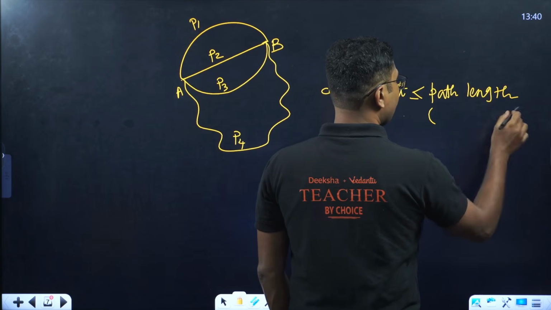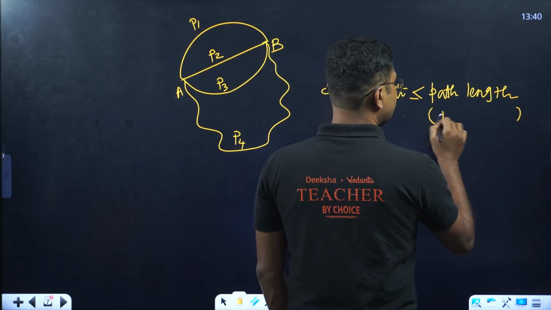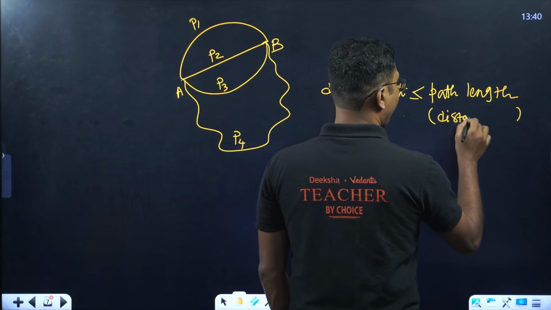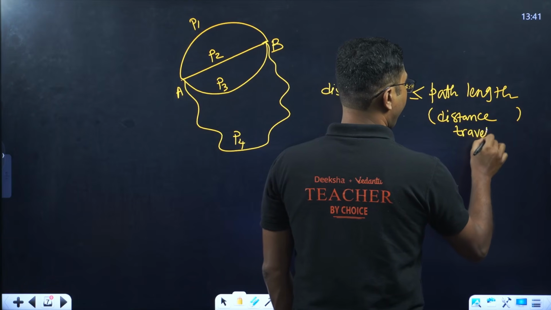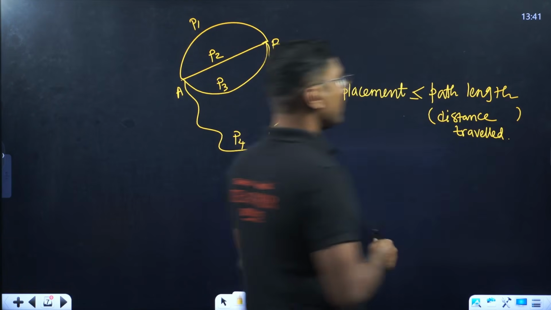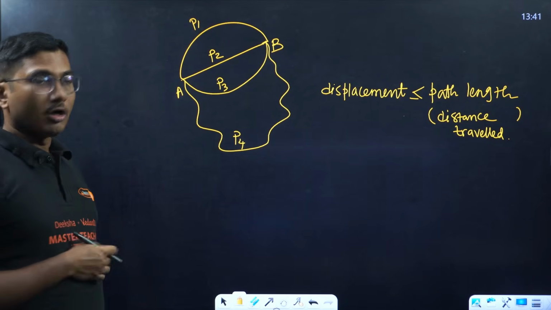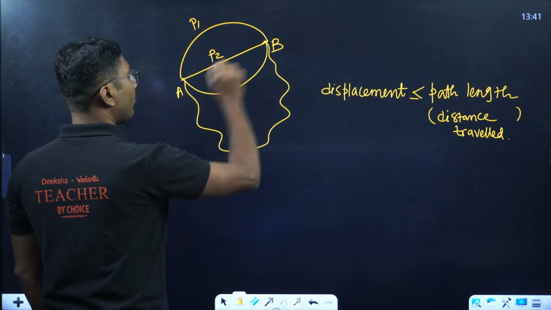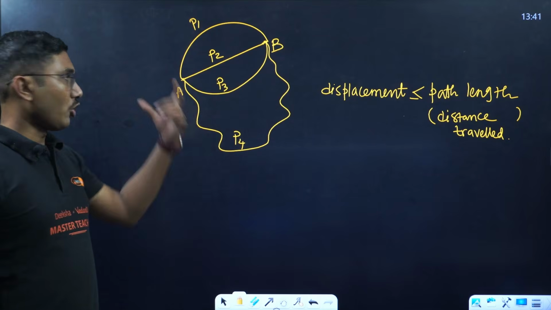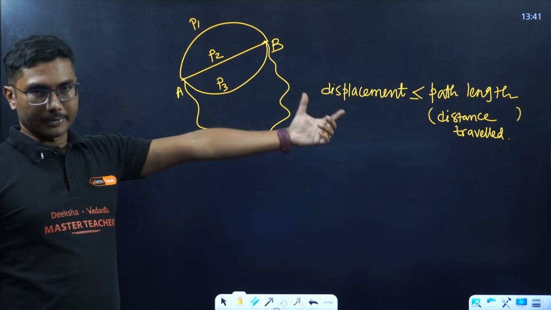Path length can sometimes be called distance traveled. So if you take these 2 points A and B, if you join these 2 points, that is the shortest distance, which is displacement.